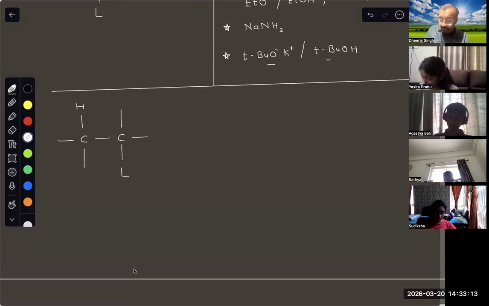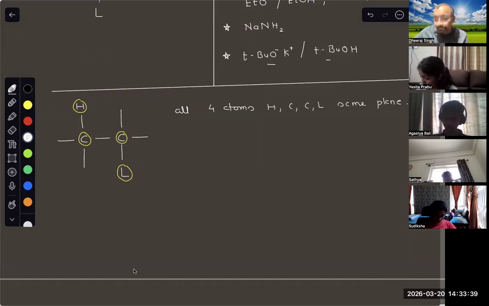First of all, you can see there are 4 atoms written here: hydrogen, carbon, carbon, and the leaving group. So all 4 atoms, H, C, C, and the leaving group, should be in the same plane. That is the first requirement.